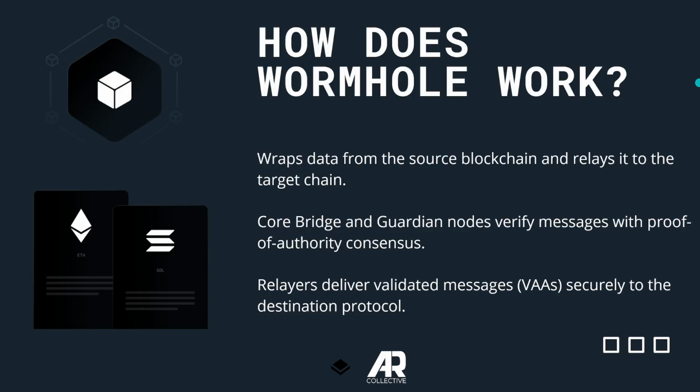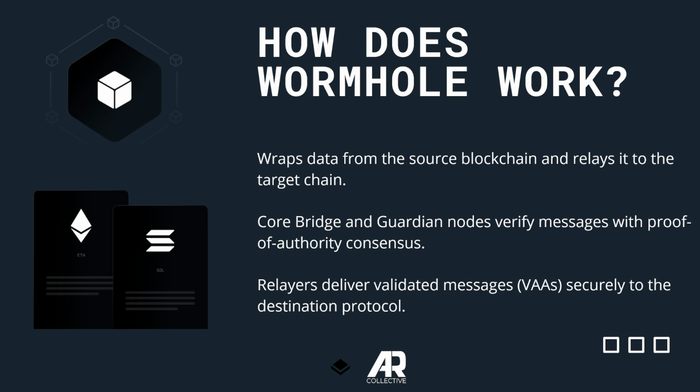So how does Wormhole work? Wormhole works by wrapping data from the source blockchain into messages, which are then relayed to the destination blockchain for cross-chain processing. Also, a network of 19 Guardian nodes secures the system, verifying messages and requiring signatures from 13 nodes to approve cross-chain transactions.